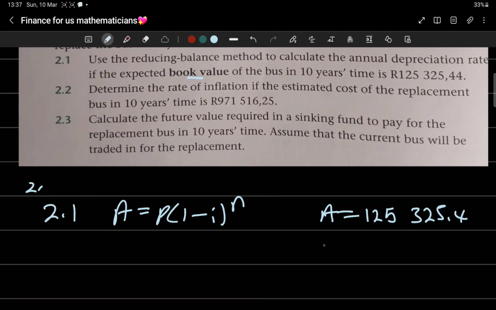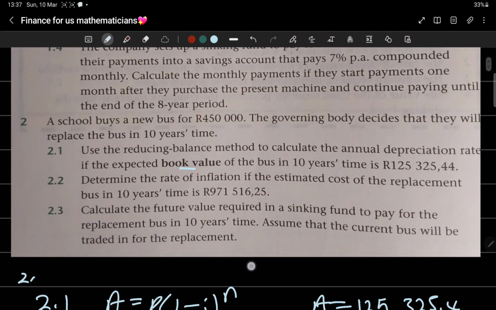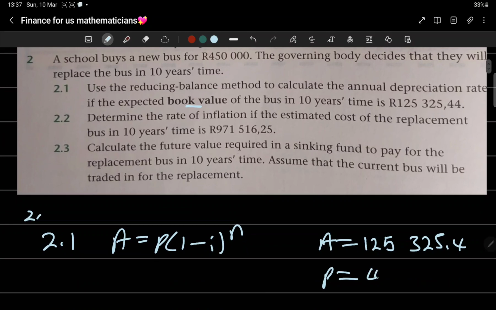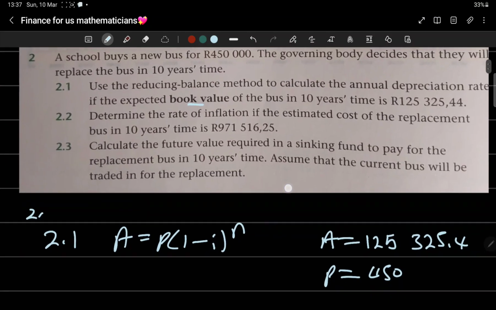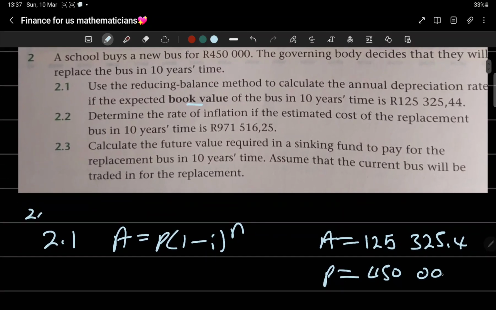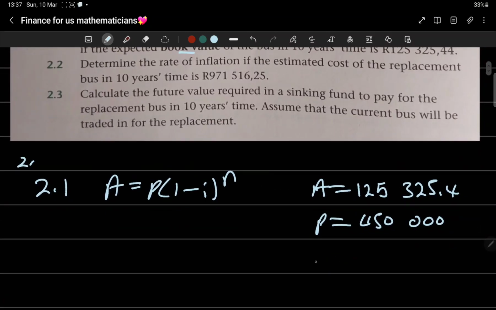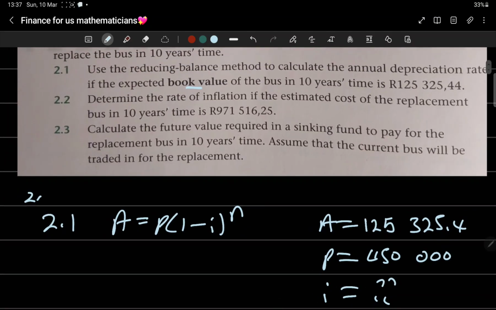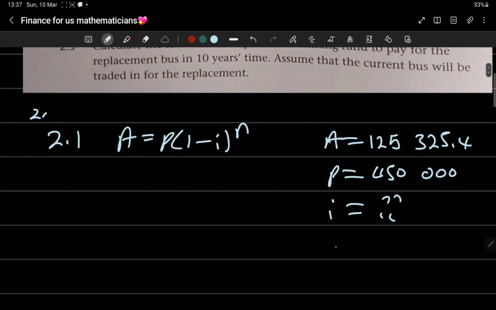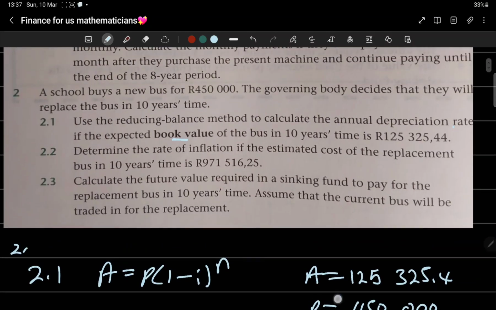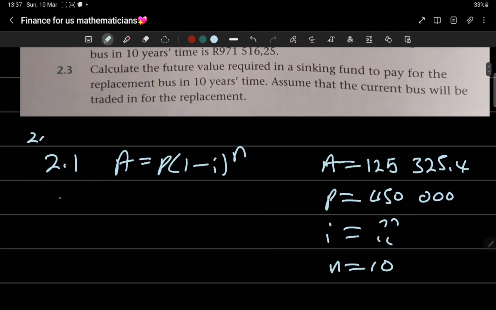Then P equals 450k, because the book value has to do with depreciation. And then what you are calculating is the depreciation rate, I. And N, for how long? 10 years.